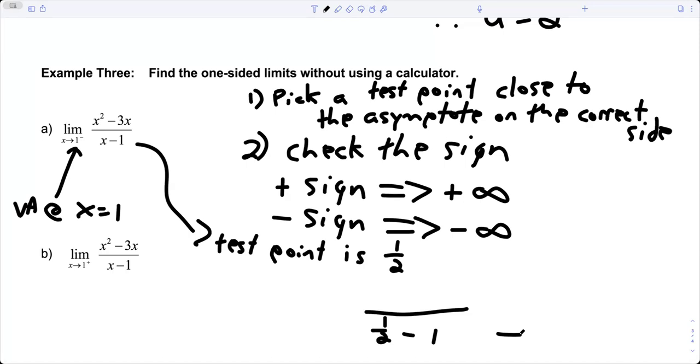If I put 1/2 into the numerator, I get 1/2 squared, which is 1/4, and then -3 times 1/2, which is -1.5. So I've got 1/4 minus 1.5, and that is a negative value. So I've got a negative divided by a negative. Therefore, this is going to positive infinity.